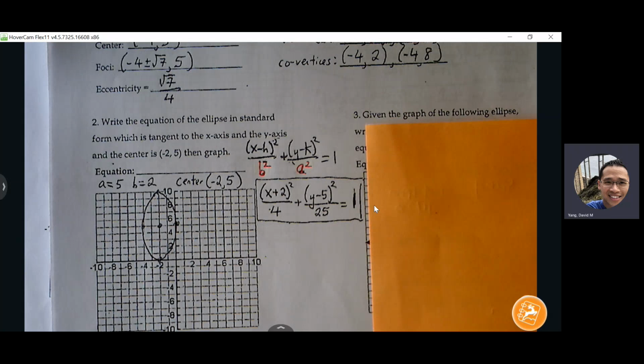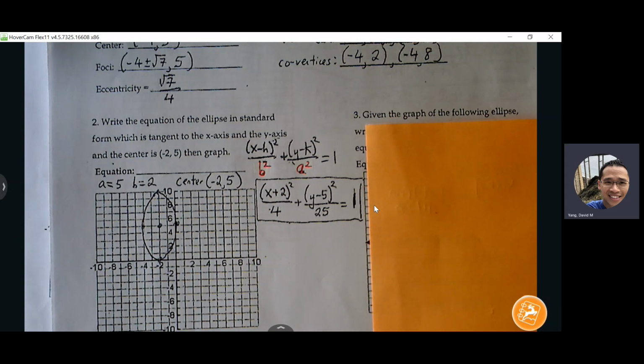Number 3, you have the picture of the ellipse in front of you. Identify the center. The distance from the center to the farther endpoint will be your a value. The distance from the center to the closer endpoint will be your b value. Then decide whether it is a horizontal or vertical major axis.